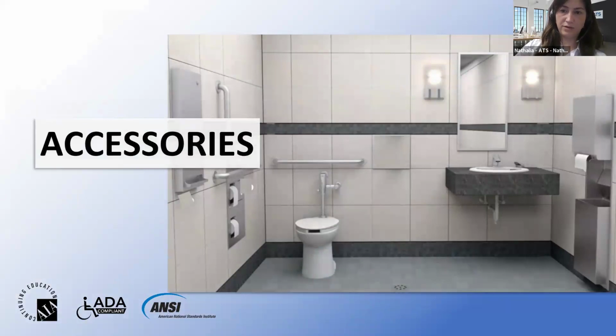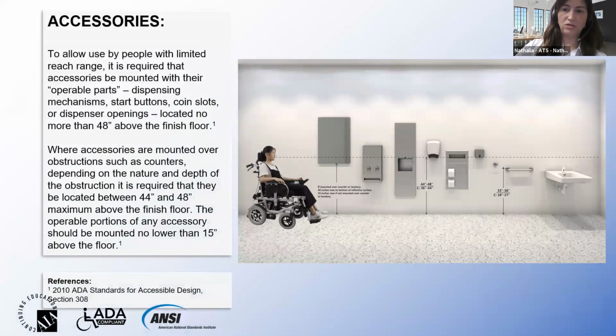Talking about accessories. To allow user reach range, the operable parts of accessories should be located no more than 48 inches above the finished floor. If there is an obstruction such as counters, depending of course on how deep the obstruction is, the accessories may be located between 44 inches and 48 inches maximum above the finished floor.